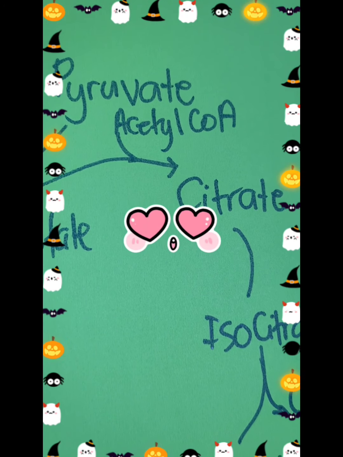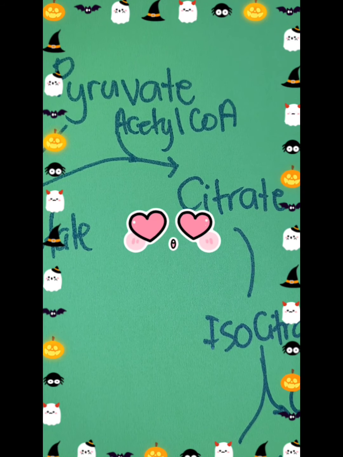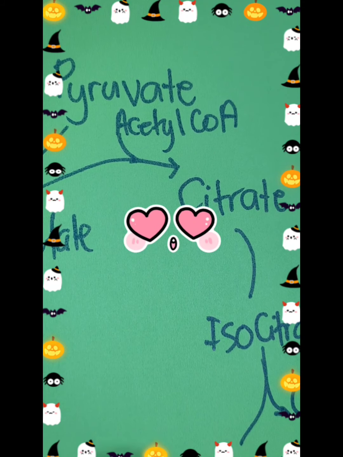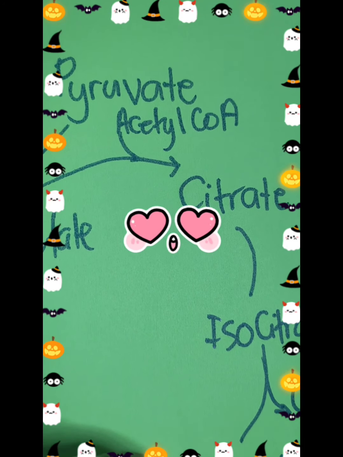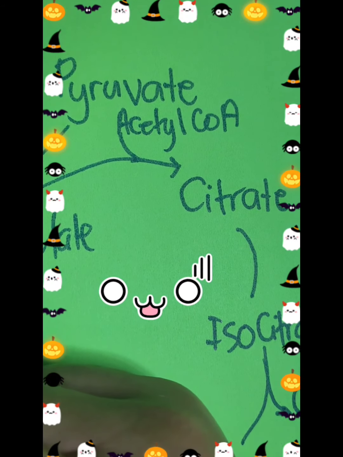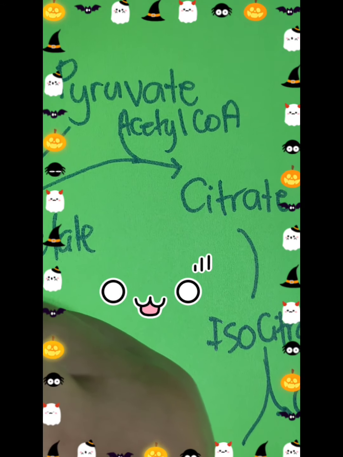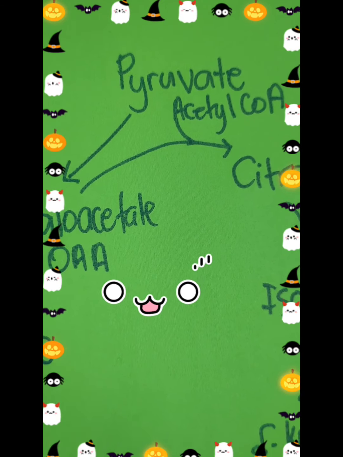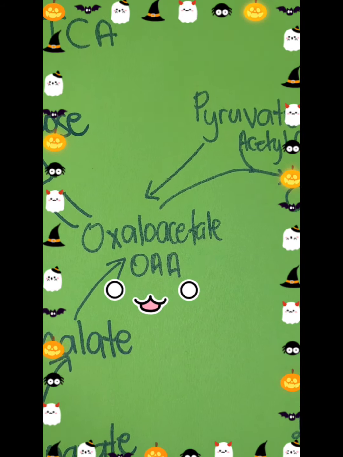AcetylCoA. And then to succinate. And then fumarate. So this is the whole cycle of your TCA.